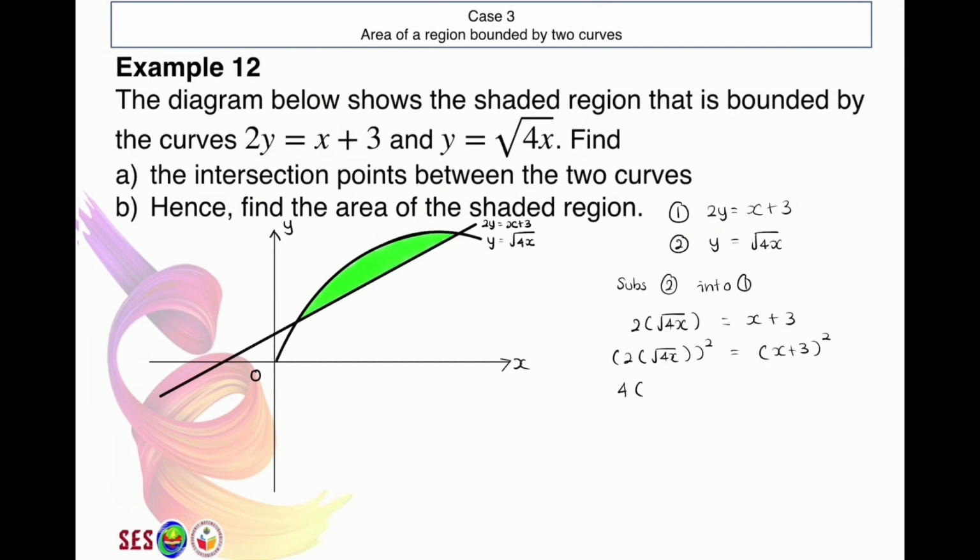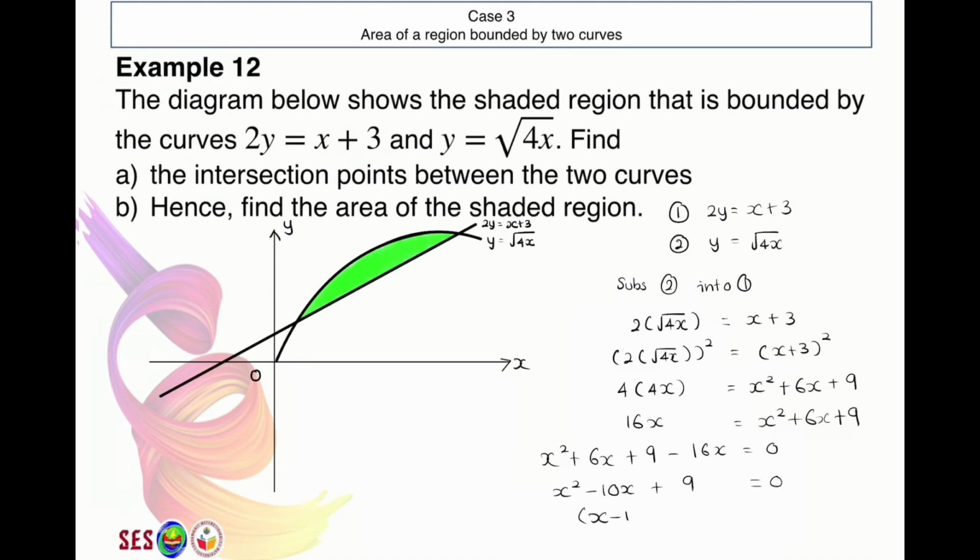So this gives you, which simplifies further to be, so x is equal to 1 and x is equal to 9.